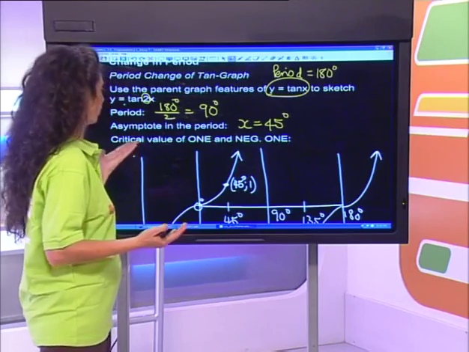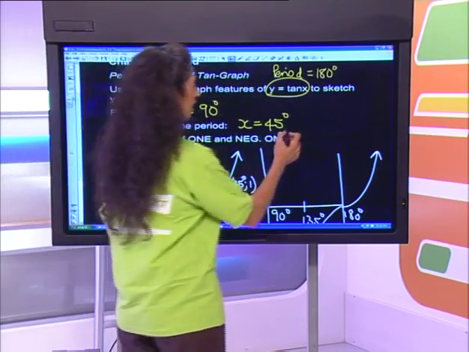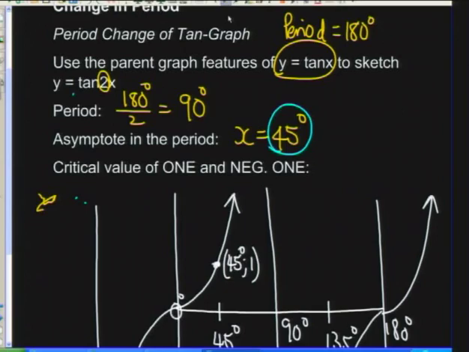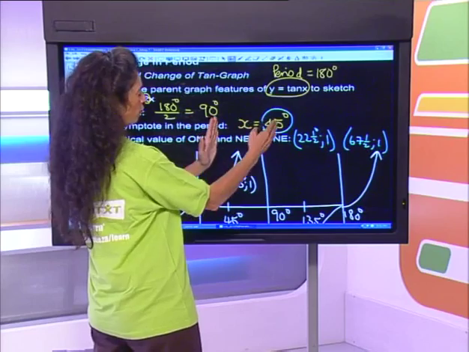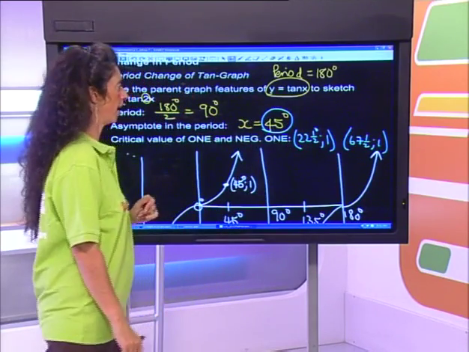What I've called the critical value of 1 and negative 1 would be at half of our 45 degrees, so we would get 22 and a half. I'm going to sketch 1 there, and at 45 plus 22 and a half, I would sketch my negative 1. So I've gone halfway between 0 and 45, and halfway between 45 and 90 degrees.